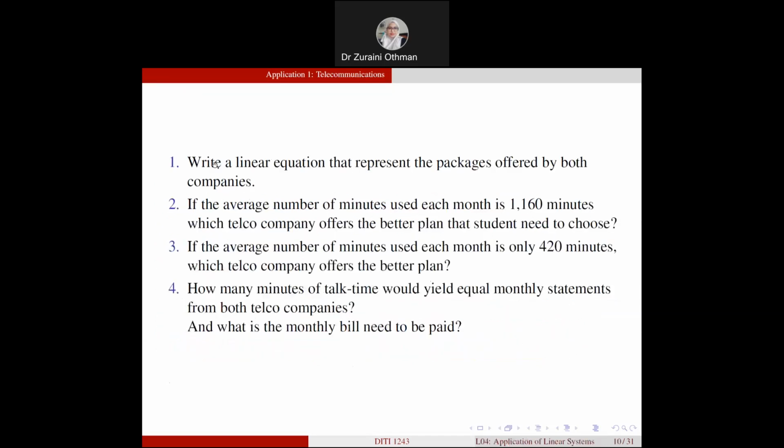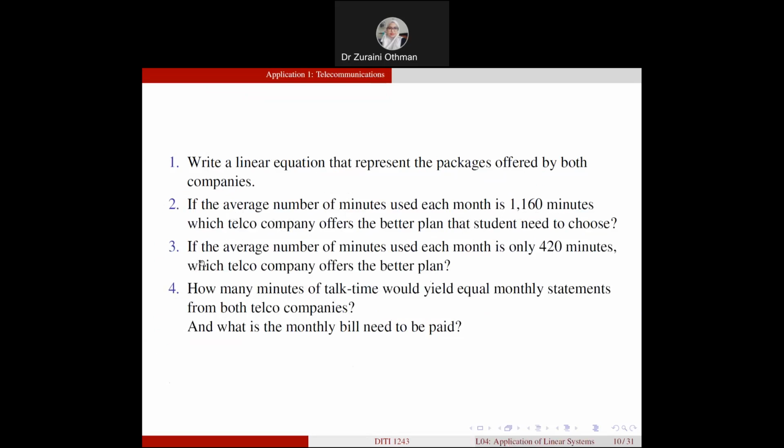Okay, now these are the tips. First, write a linear equation that represents the package offered by both companies. Then, if the average of minutes used in a month is 116 minutes, which telco company offers the better plan to choose? Question number 2.